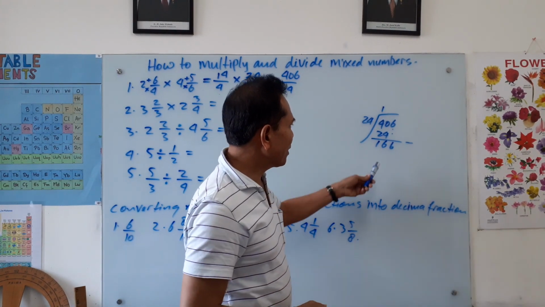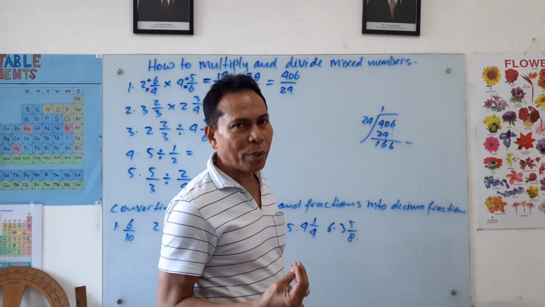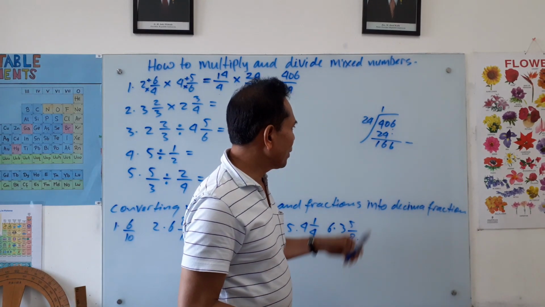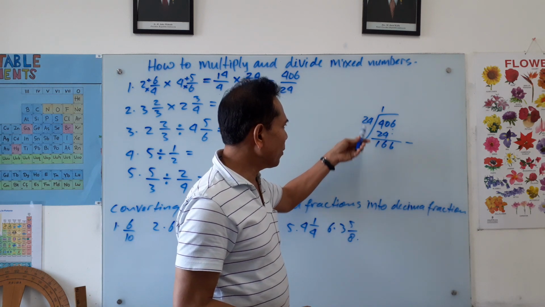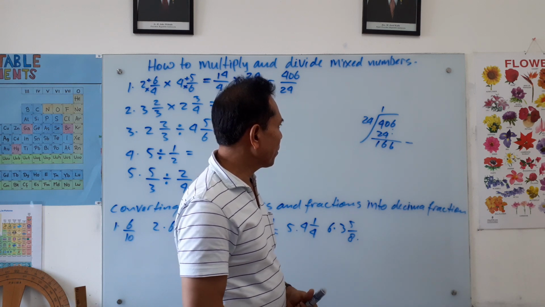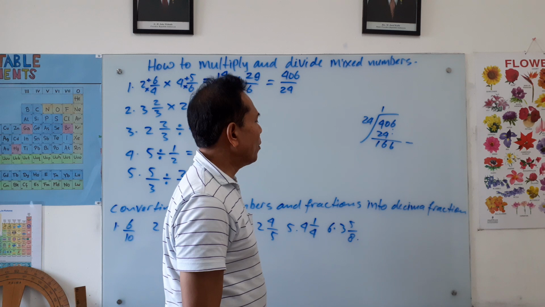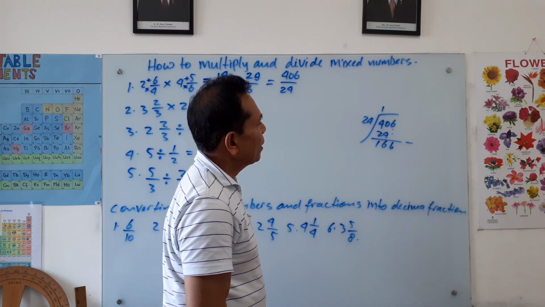Now 166 divided by 24. We think of a number with which we divide. We multiply with 24, we get 166. Think of a number.